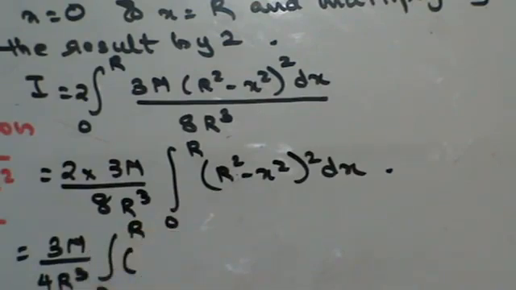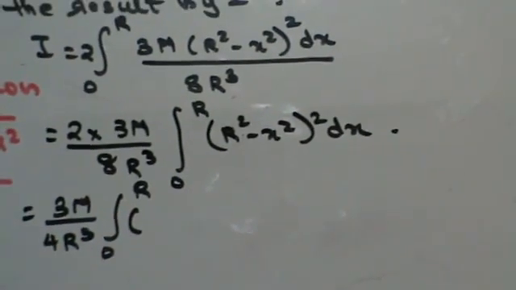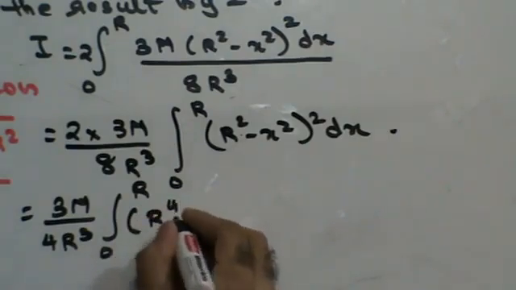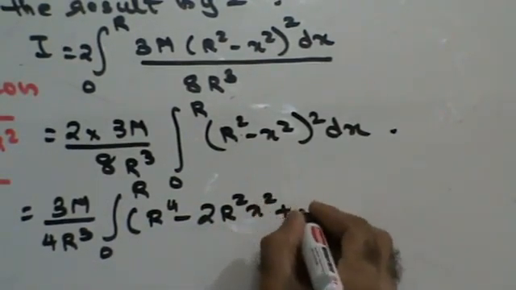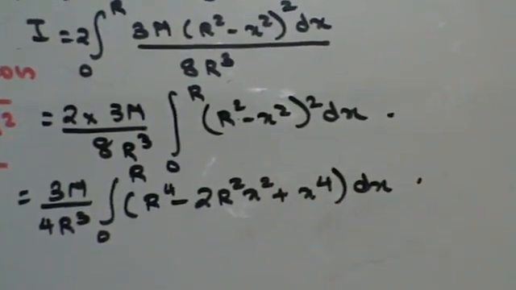This is in the form (a minus b) the whole square, so this is going to be equal to a square minus 2ab plus b square dx, right?